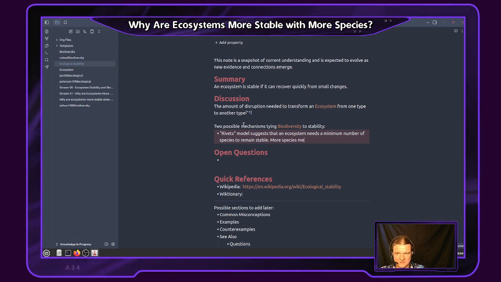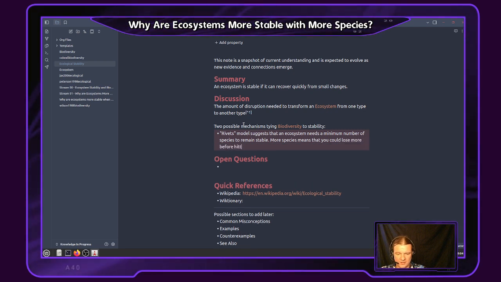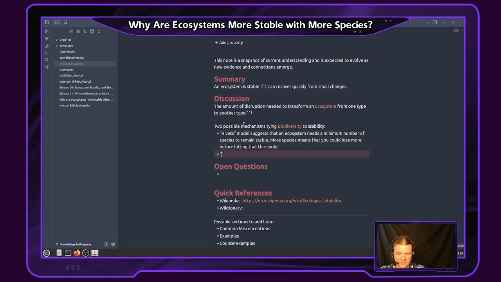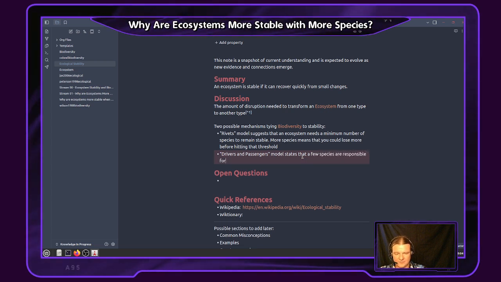More species means that you could lose more before hitting that threshold. And then we have drivers and passengers model states that a few species are responsible for the majority of stability.